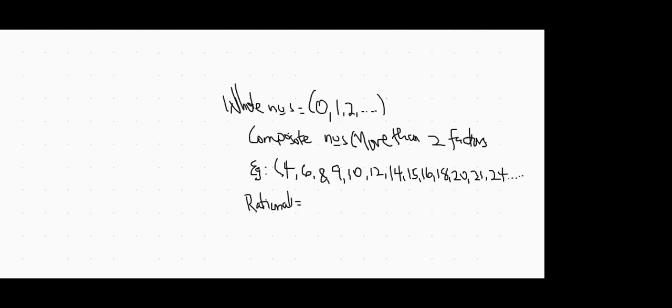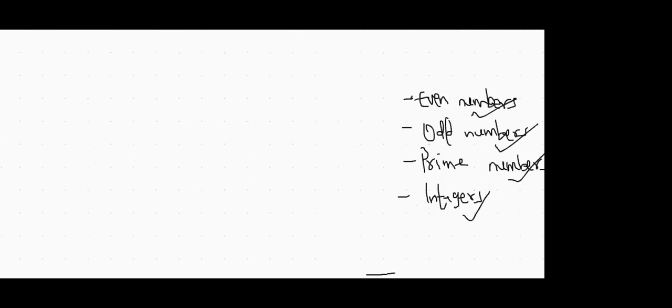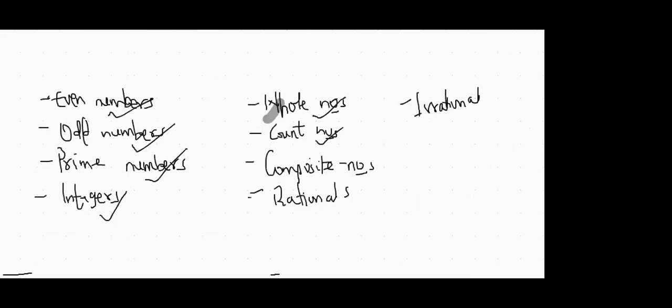But anyway, by way of a quick recap, we said that according to the syllabus, we are expected to know the various sets of numbers. So we have even numbers, odd numbers, prime numbers, integers, whole numbers, count numbers, composite numbers, rational numbers, irrational numbers.